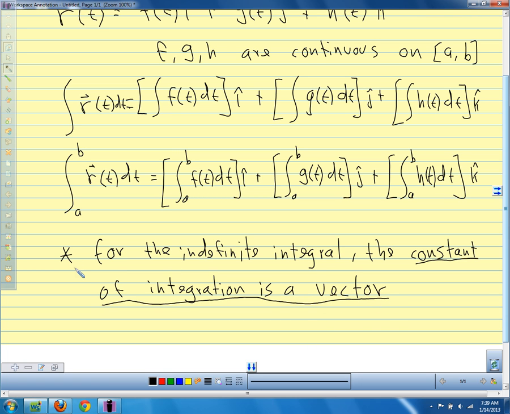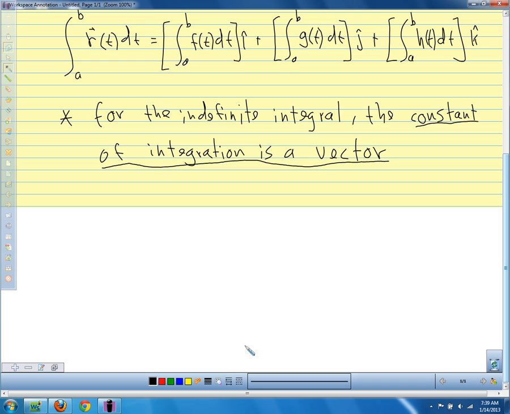So by that you mean that it's part of the vector then, or that it's a completely separate vector? It's a completely separate vector. So we would say the integral of r of t dt equals some other vector valued function, capital R of t, plus some constant vector.